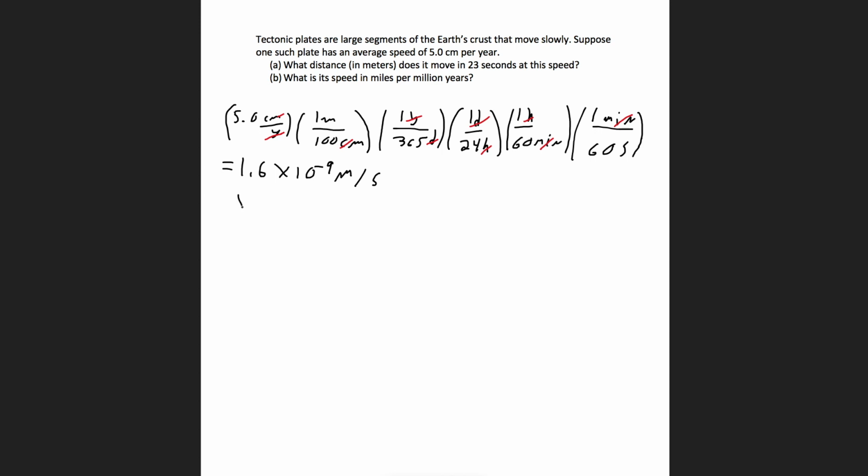Now to find the distance, we know the distance is equal to velocity. In this case, it's really speed times time. That's equal to 1.6 times 10 to the minus 9 meters per second, our speed, times the time we're given of 23 seconds.